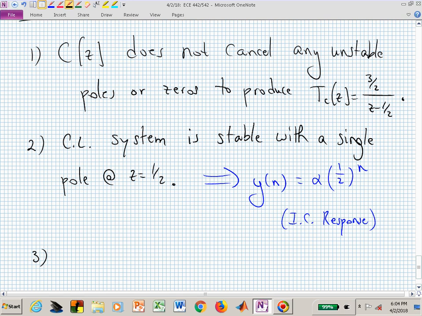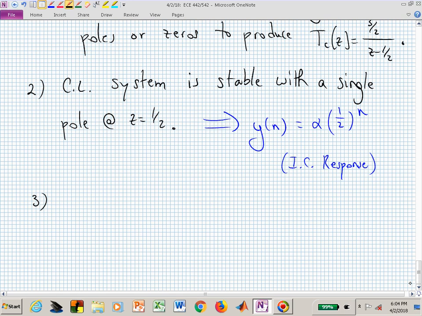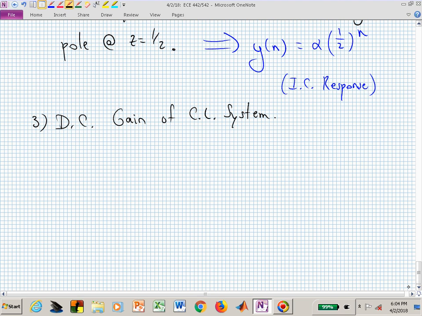Now, if you did apply an input, let's say you applied a constant for your reference input, you might be wondering, what's the DC gain of this system? How is that going to adjust what I inject in as a constant input? That's our third observation. The DC gain of our closed loop system.